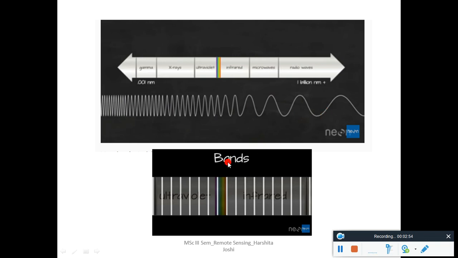Now comes the concept of bands. If we mark various divisional lines between these wavelengths, these are known as bands. Say for the optical bandwidth, this is the width, this is the band. It contains VIBGYOR. V represents the violet color, and likewise various colors till red.